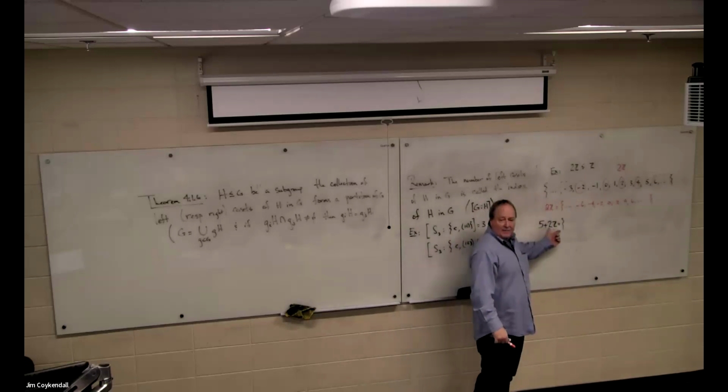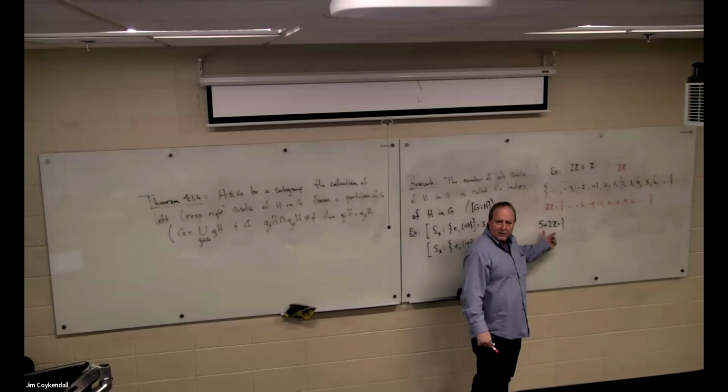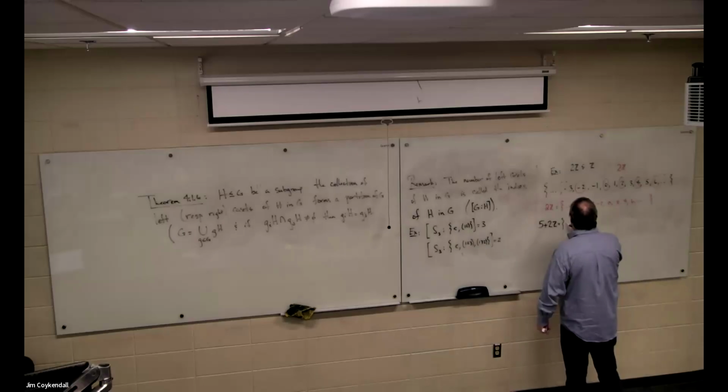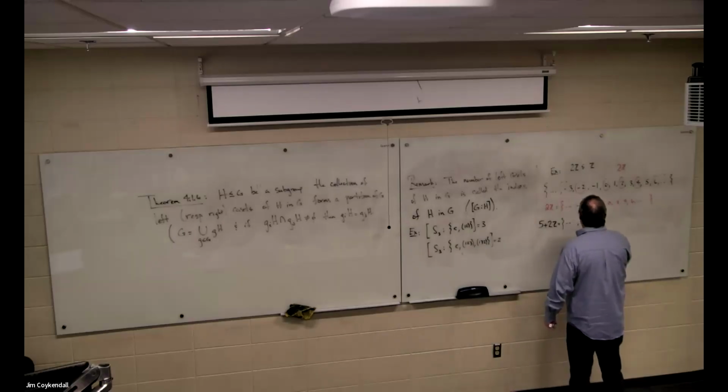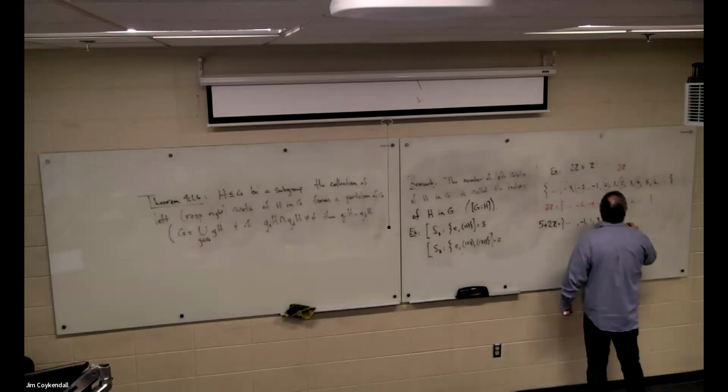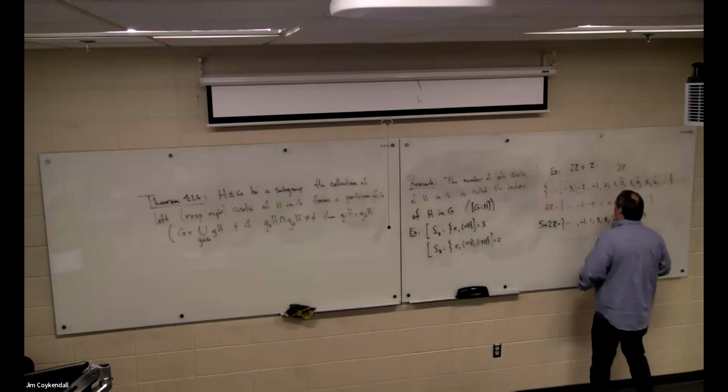Notice this is just like 5 times 2Z, except my operation here is addition, so I'm going to add 5 to everything. If I add 5 to -6, I get -1, 1, 3, 5, 7, 9, 11.